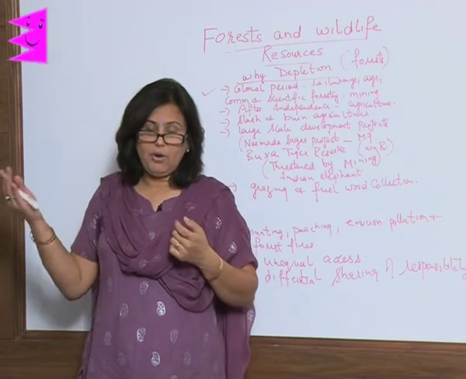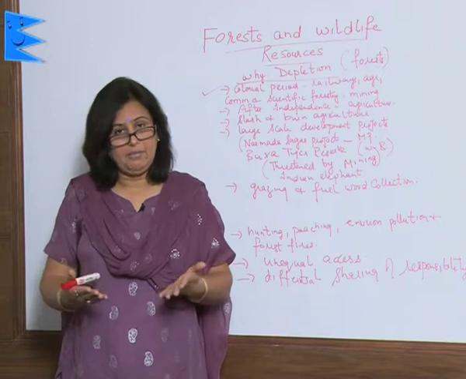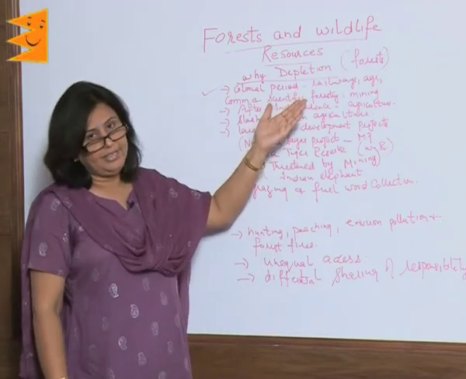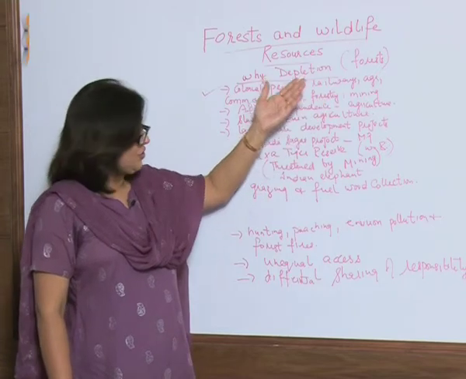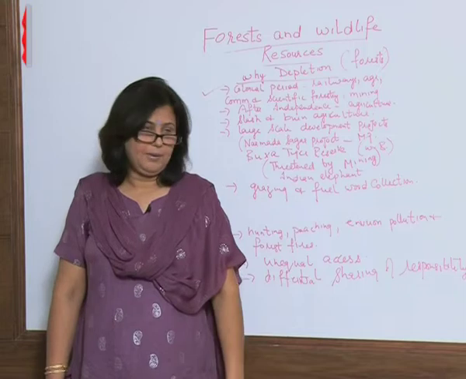So, they first of all had to see that the forests which were there were cleared, and then they started with the new kind of commercial and scientific forestry, which definitely led to the decline of forests in India.